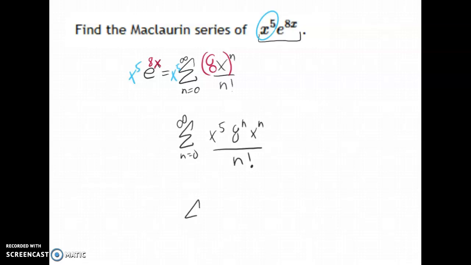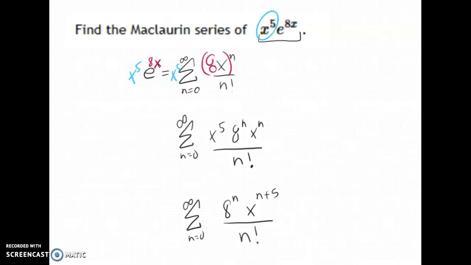So now I have some like bases there, the like bases of x. And so when you have like bases and they're multiplied together, it's the same as saying rewrite the base and add the exponents. And then in the denominator, this will still be n factorial.